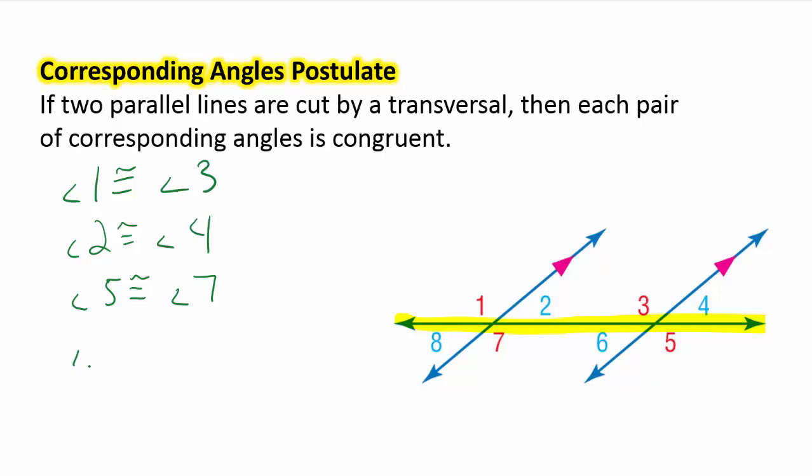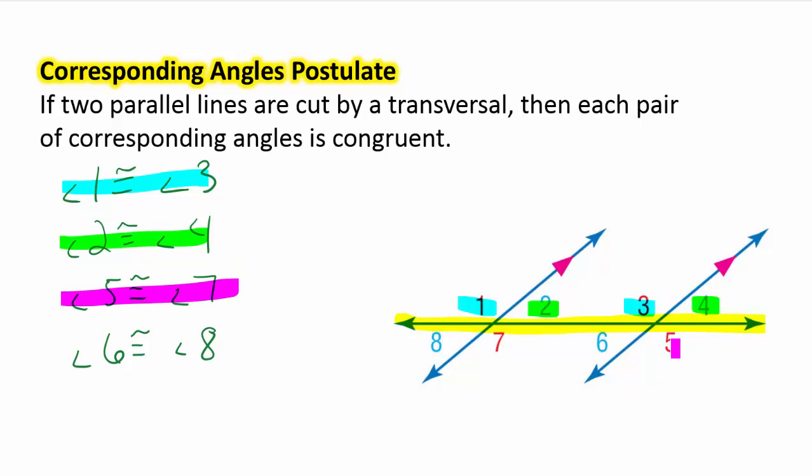And angle 6 is congruent to angle 8. Each of these pairs of corresponding angles is going to be congruent to each other.